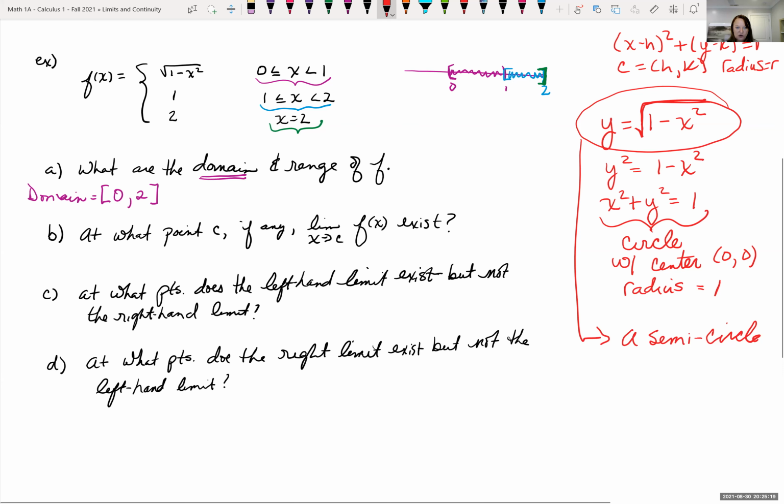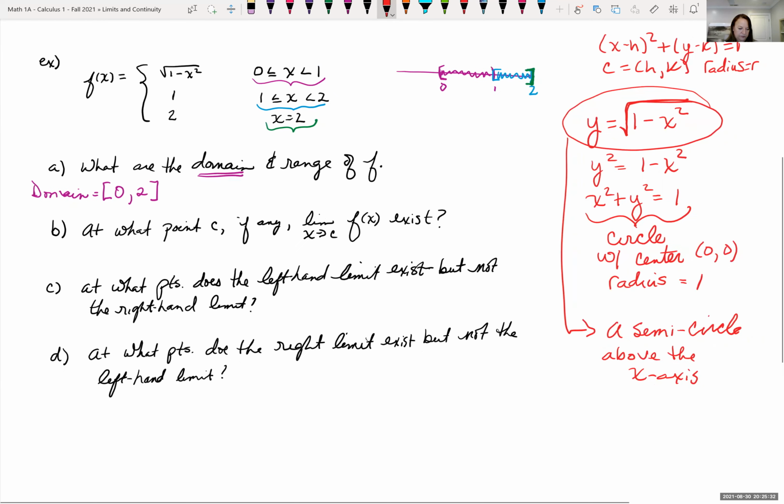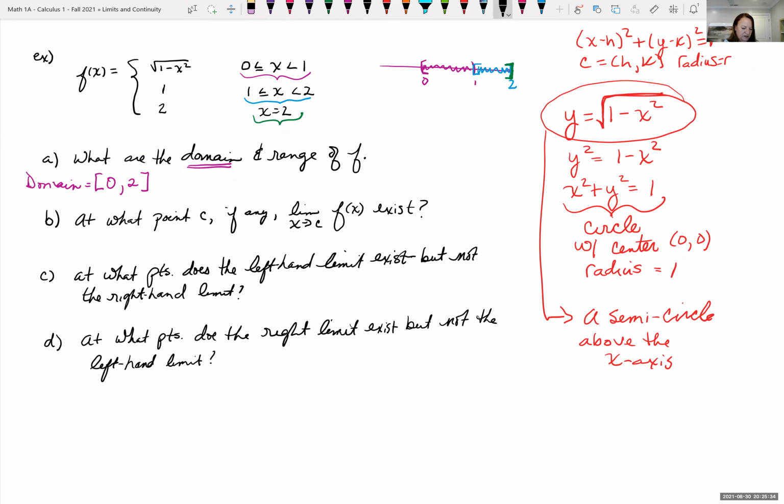So it's a semicircle that's above the x-axis. I probably should have given myself more room before I wrote all that stuff. Okay, that's okay.